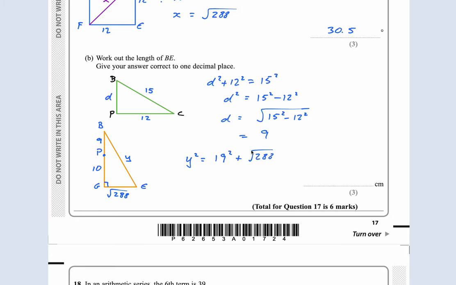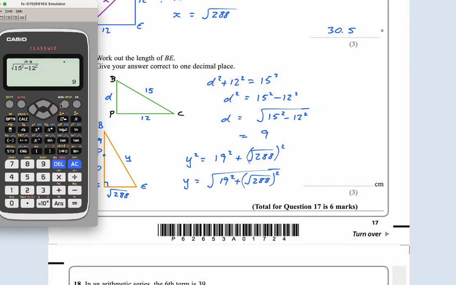So now I can say Y squared equals 19 squared plus root 288 squared. This is Pythagoras' theorem. Y is equal to the square root of 19 squared plus square root of 288 squared. Now, yes, guys, the square root of 288 squared is just 288, so you could have just written that down, but I'm just going to write it all down just so everyone's clear on what's happening.